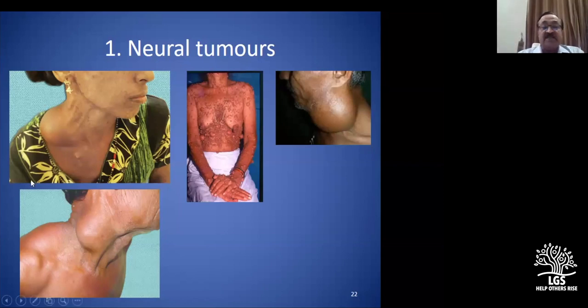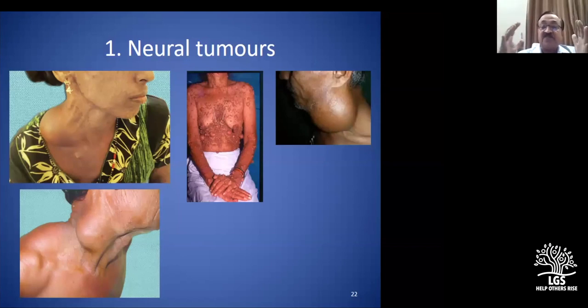So always, as I mentioned yesterday, look at this swelling here. It's a large swelling. You can see prominent veins there. This is because the large swelling is compressing on the vein there, causing the prominent veins. Don't confuse veins over the swelling with veins proximal to the swelling or veins distal to the swelling. Veins over the swelling means the swelling is vascular.